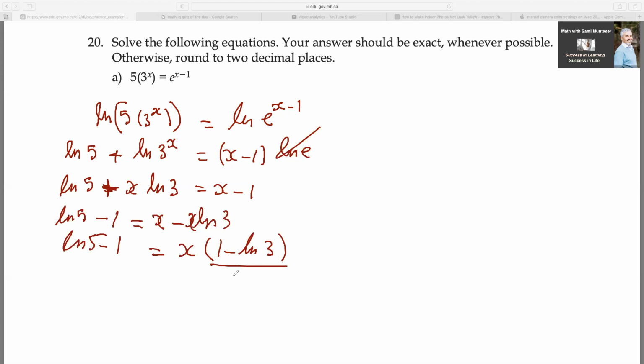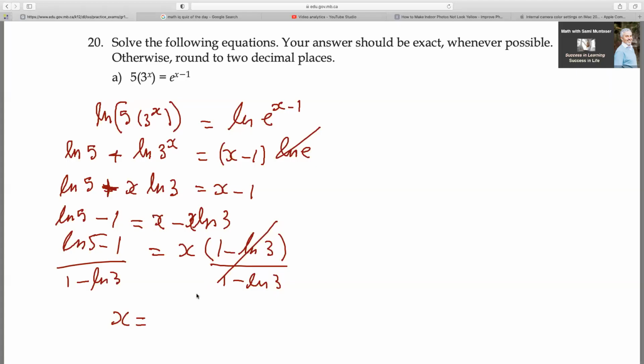Now, of course, divide both sides by 1 minus ln 3, and therefore x equals, and that's basically just a calculator question after that. And the answer, x equals -6.2 decimals, so 1.18. And that's the answer for this one.